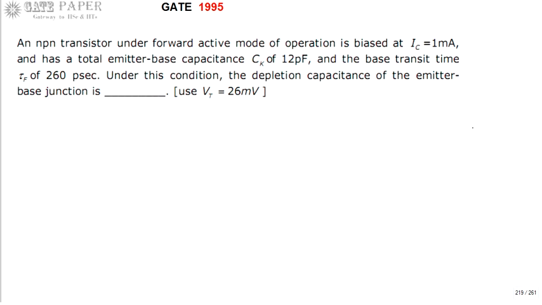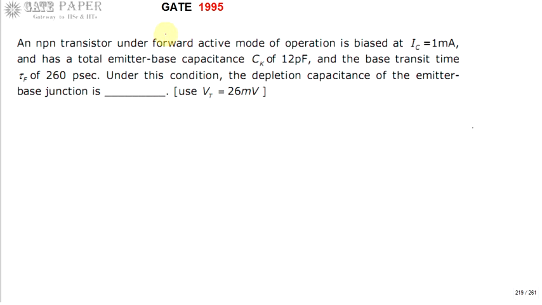Remember that every transistor has two junctions, one is the emitter base junction, the other is the collector base junction, and every PN junction is going to be biased either in forward or reverse mode.